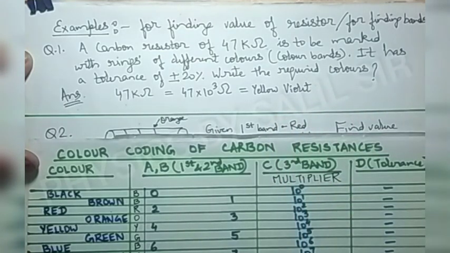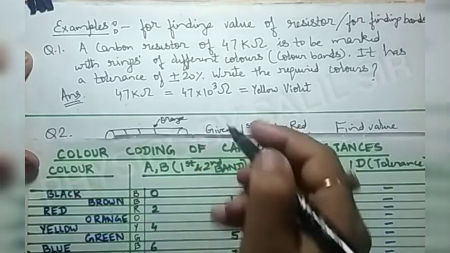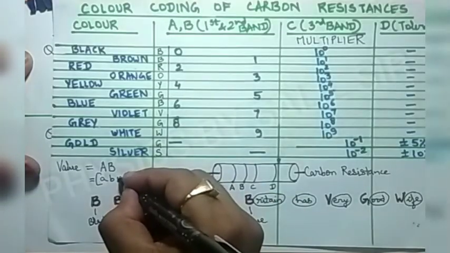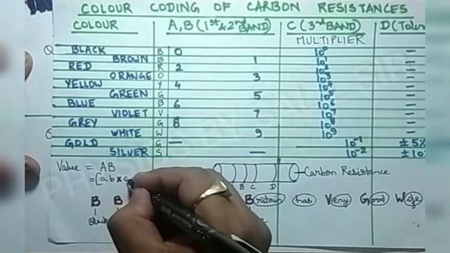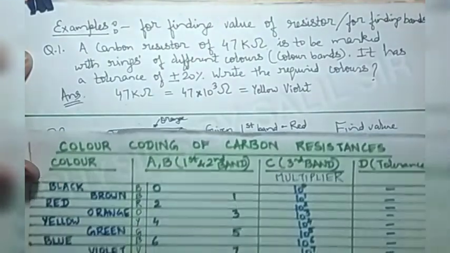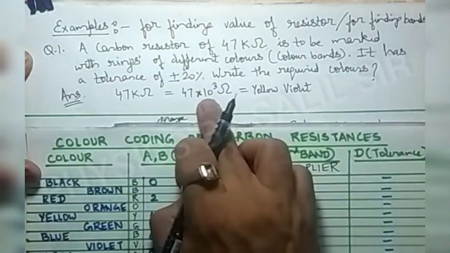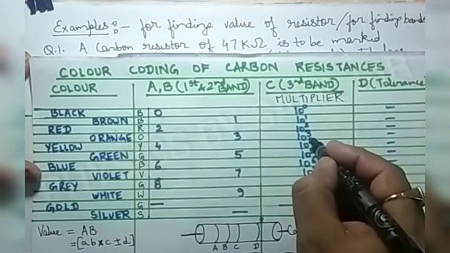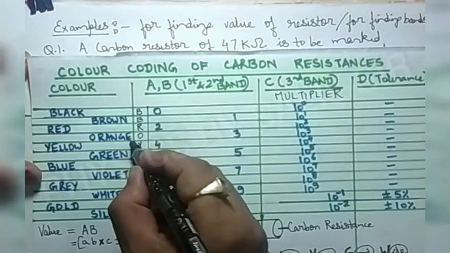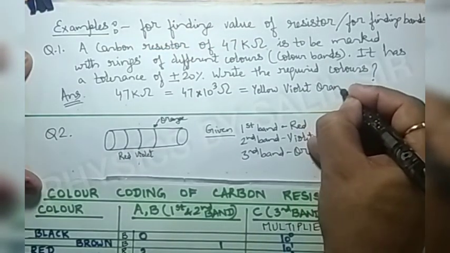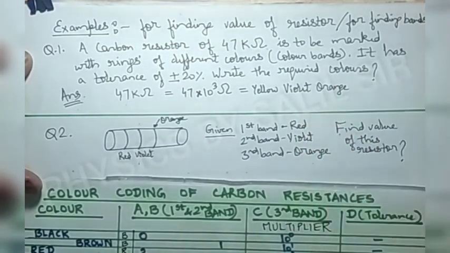And now for the third color, there is the multiplier. I already explained that after AB there should be the multiplication of C, and C is the multiplier or third band. So for the third band the power is 10 to power 3. See here, 10 to power 3 is for which color? It is for orange. So the third color is orange.